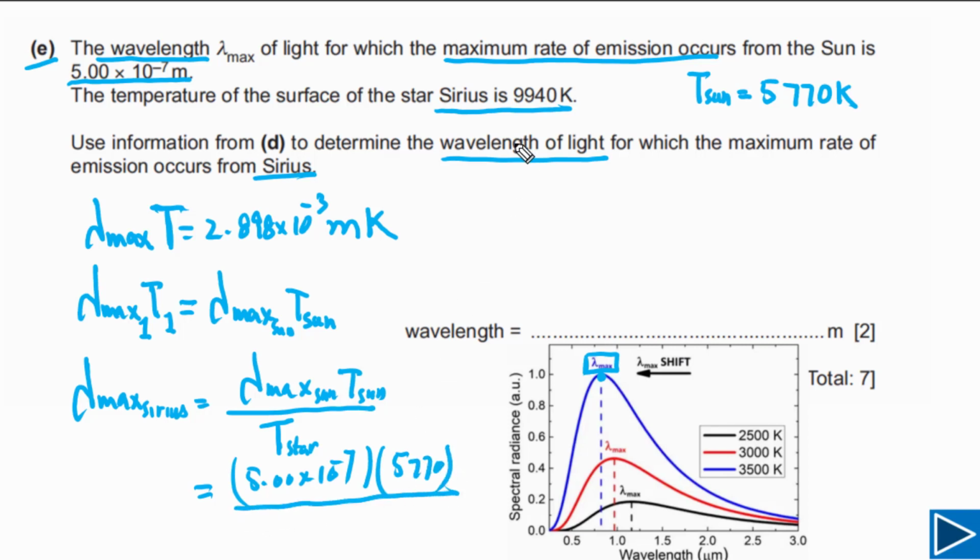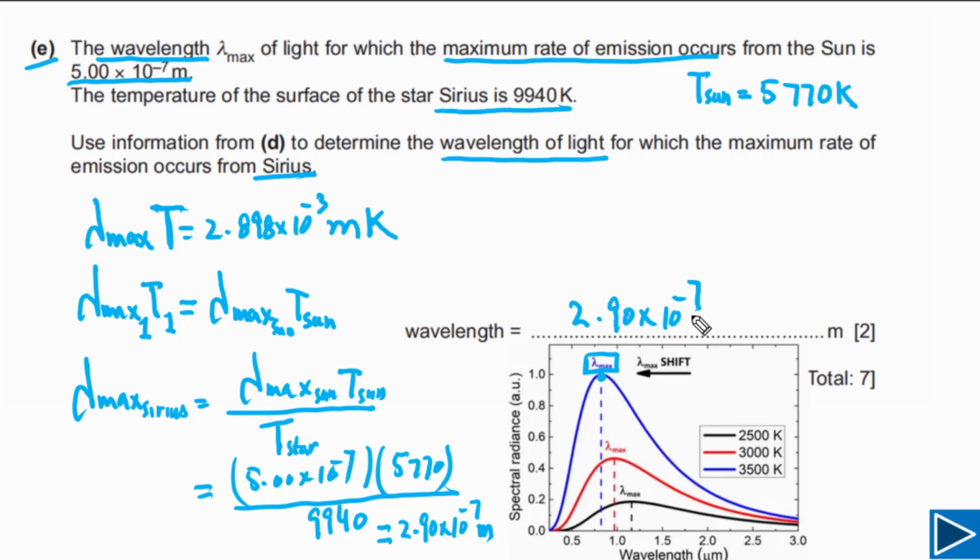We divide by the surface temperature of the star, that is 9940, and we can find our final answer. Our final answer in this case will be 2.90 times 10 to negative 7 meter, and this is our final answer up to 3 SF.